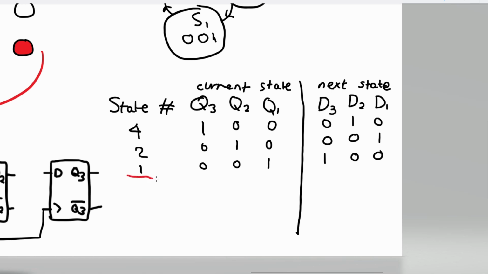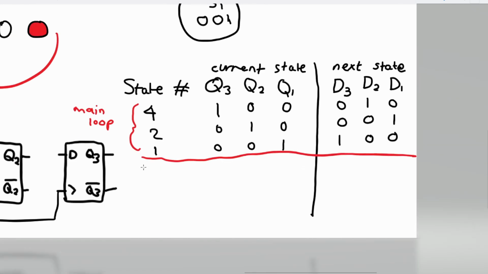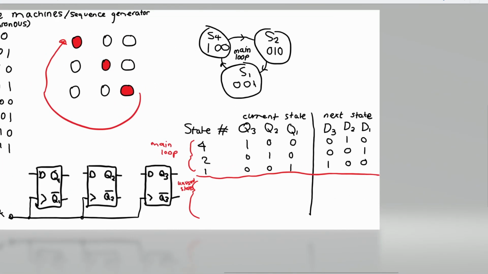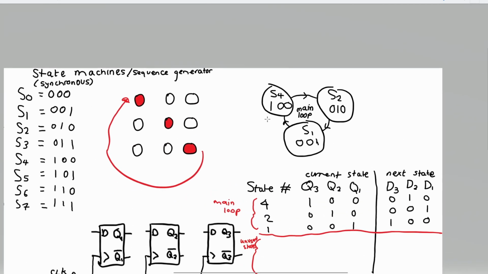So now I'm just going to cordon this off. I'm going to label this our main loop. And then this is going to be our unused states. So our unused states are just going to be floating around here.